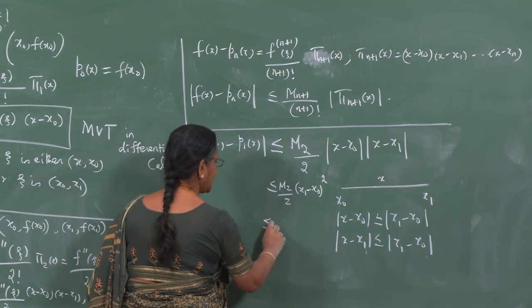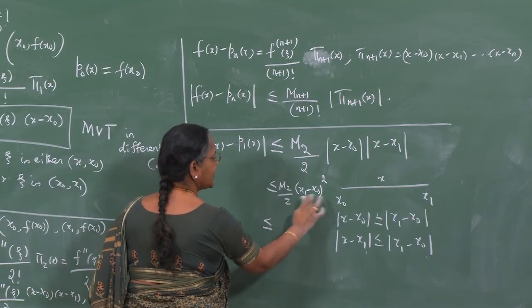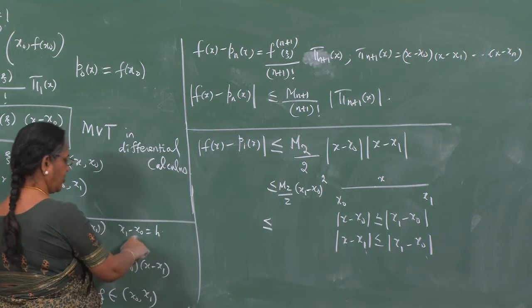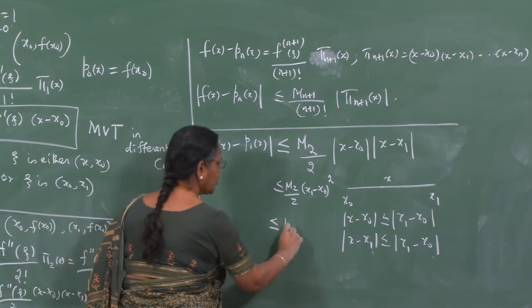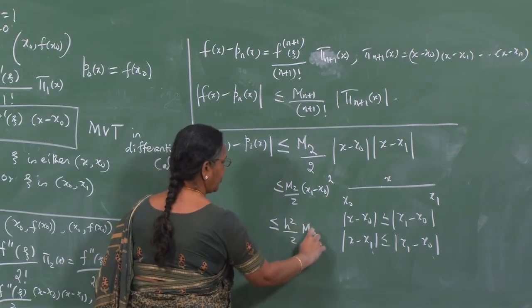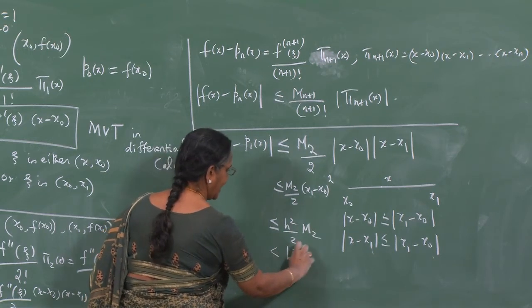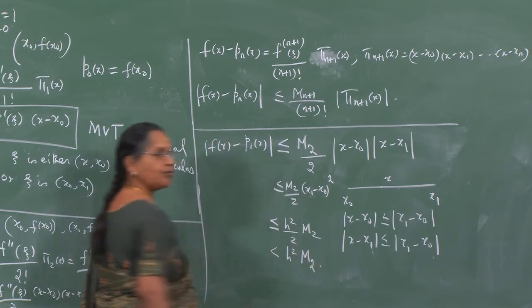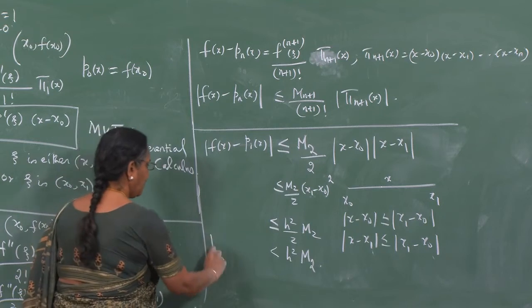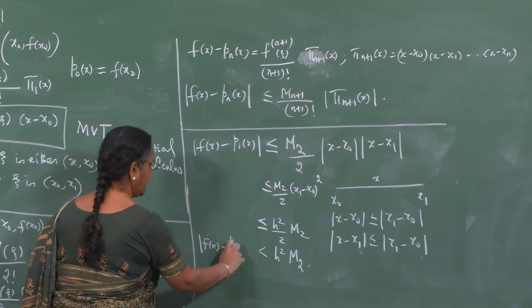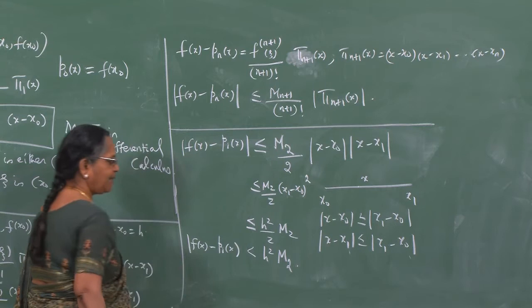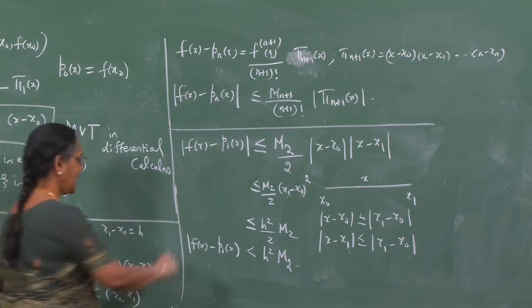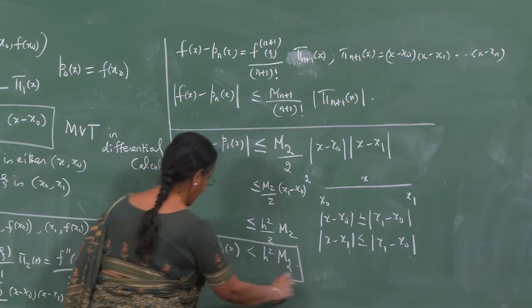That is, this is h according to our notation. So, h square by 2 into m2, which is less than h square into m2. So, modulus of f of x minus p1 of x can be made less than h square times m2.